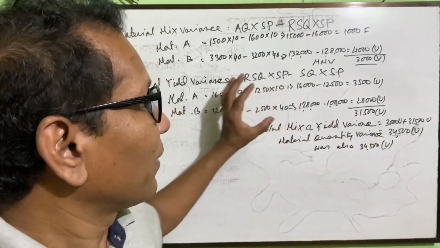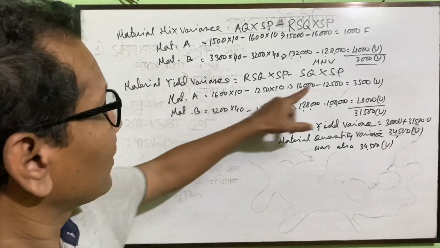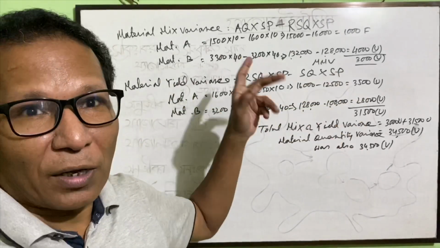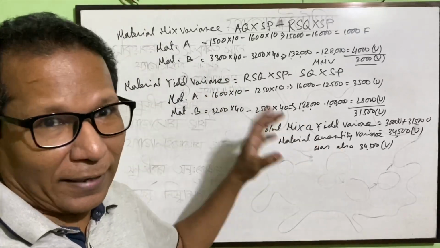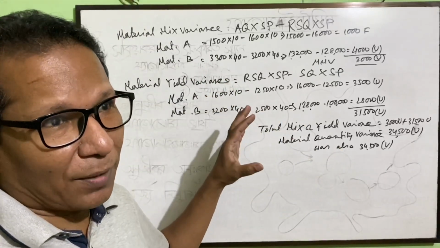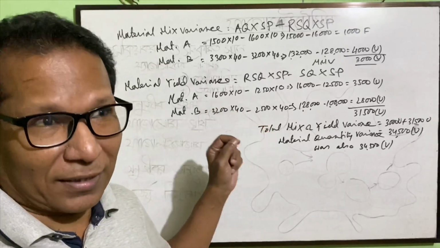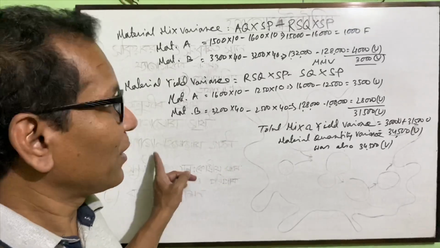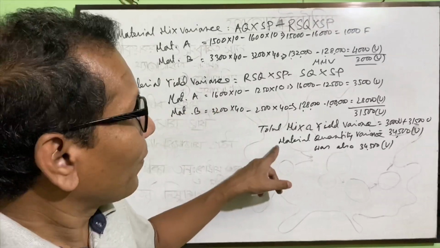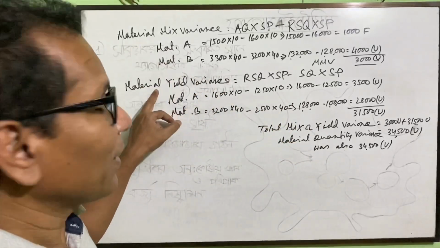So if you are right in doing the calculation, these two figures will agree with the material quantity variance, and total variance will be 26,100. But when you calculate the total variance, you must take either material quantity variance or material mix variance and material yield variance.